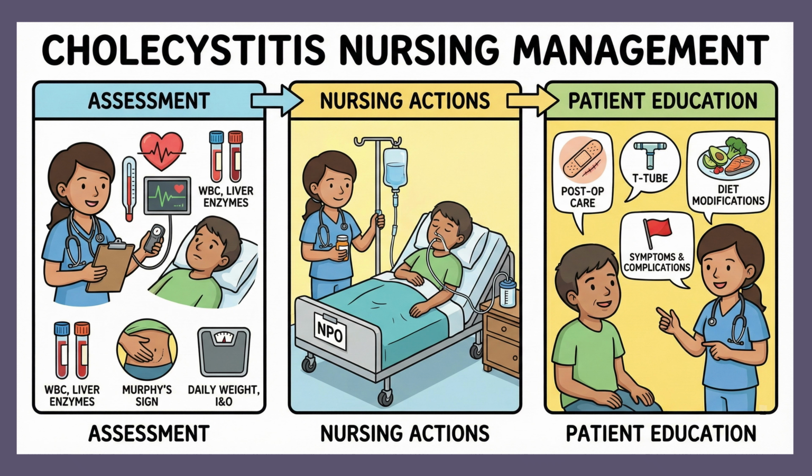Patient teaching is vital for postoperative care: incision care, infection signs, jaundice, pain management, activity restriction, tube management, and dietary modifications like low fat, small frequent meals, and recognizing symptoms of complications.